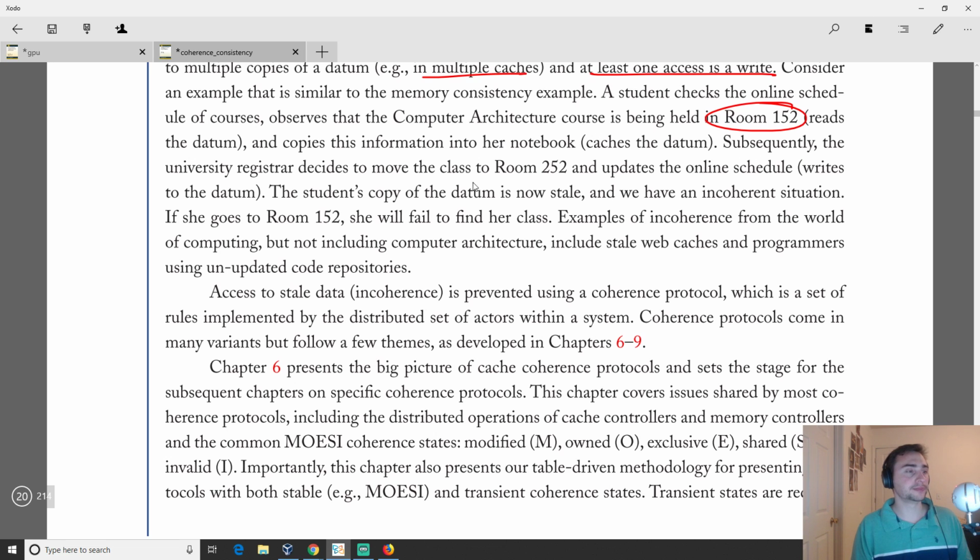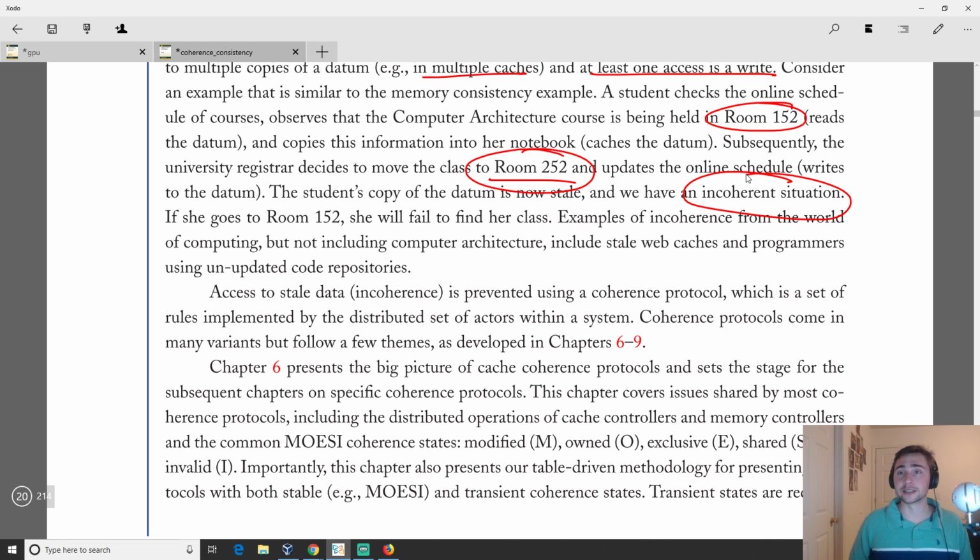So we're assuming that the room is 152, and the student gets the message that the room has been moved, and to check to see what the new room is. They check the new room and they still see 152, and then after that, the room actually gets updated to 252. Well, now that copy in that student's notebook is incoherent in this situation. So that's what we really care about.